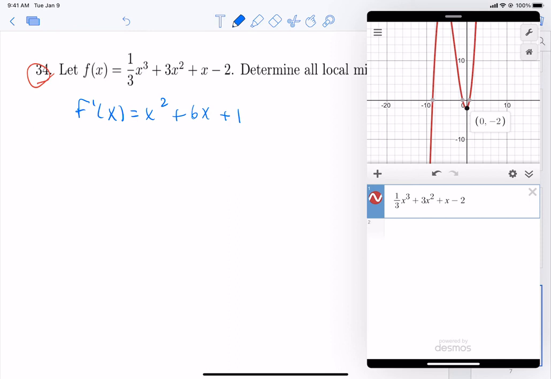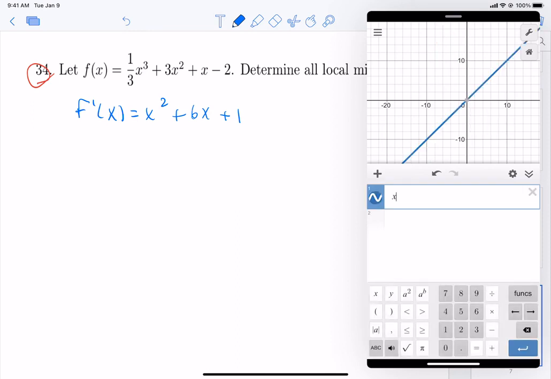Is f prime of x correct? Uh-huh. Okay, let's put that in. Well, that's you playing games. Hey, Arthur, you're messing with my brain. Wait a second. So f prime, you have x squared right there.